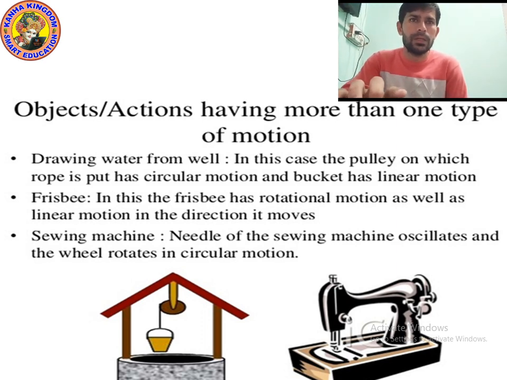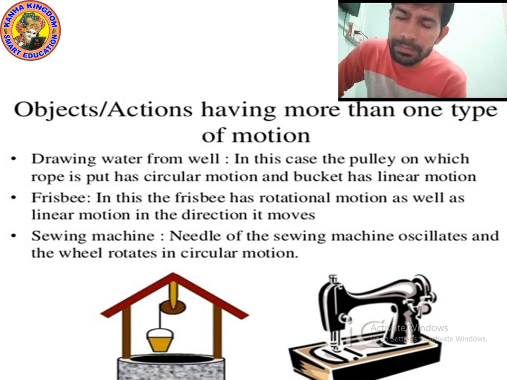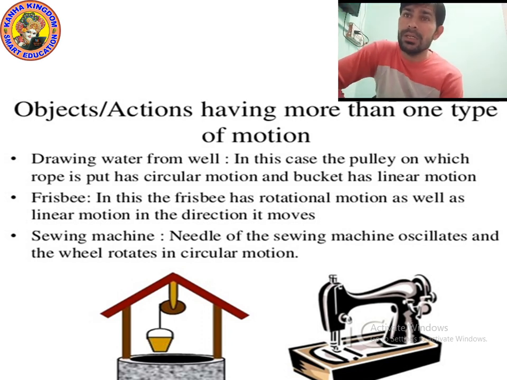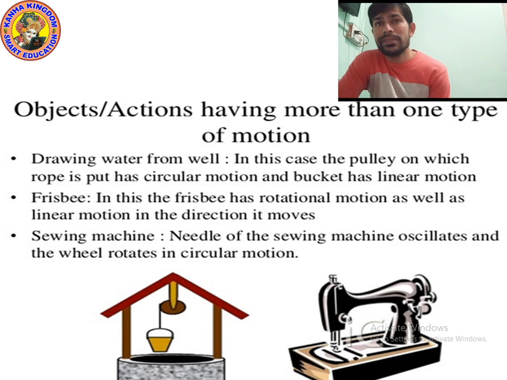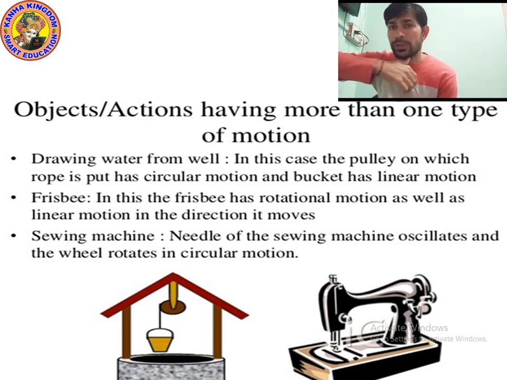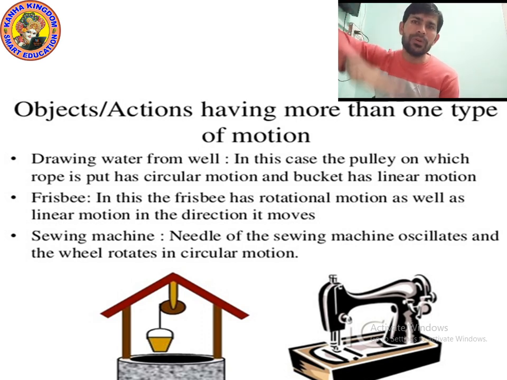Okay, next example, as you can see the next picture, can you see the sewing machine? Yes, this is a sewing machine. In a sewing machine you might have seen the needle goes up and down, to and fro, backward forward.